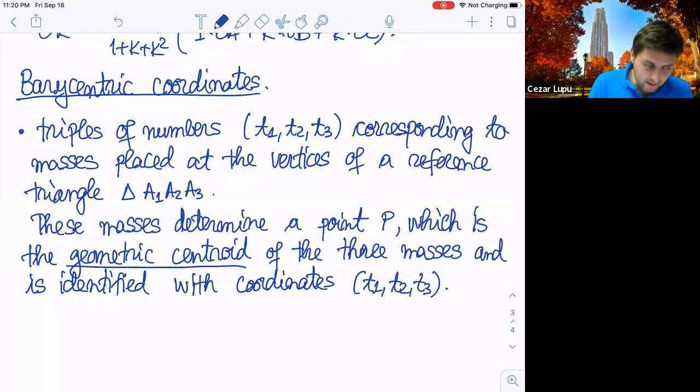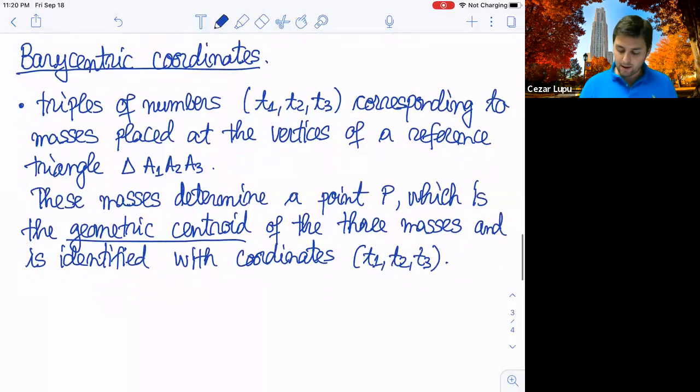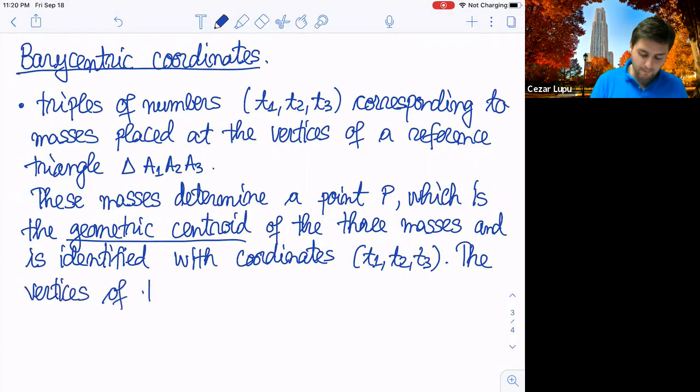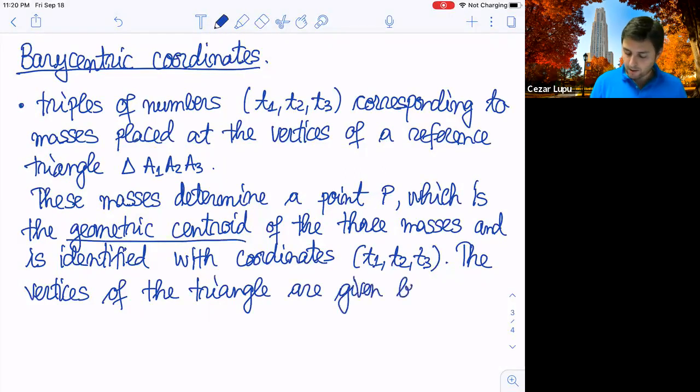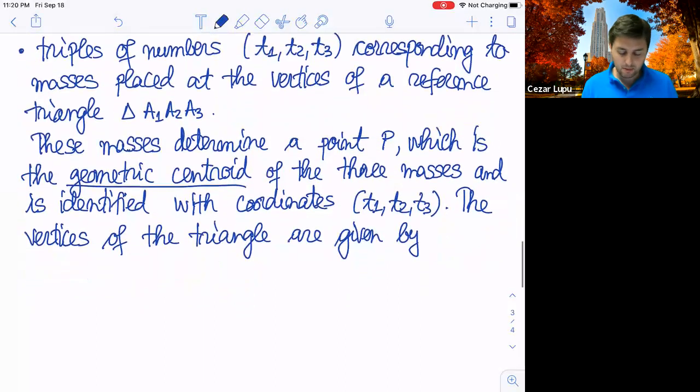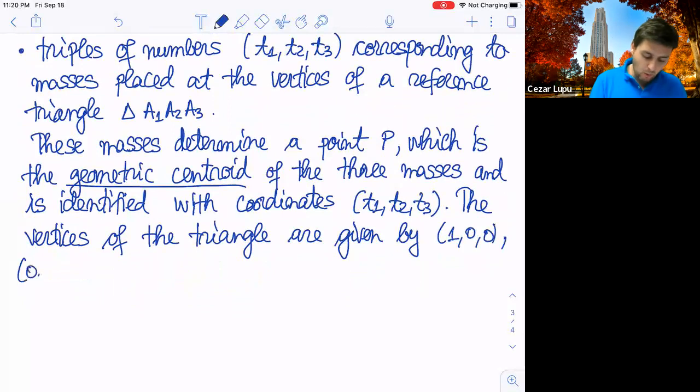All right, the vertices of the triangle are usually given by 1, 0, 0, 0, 1, 0, and 0, 0, 1.